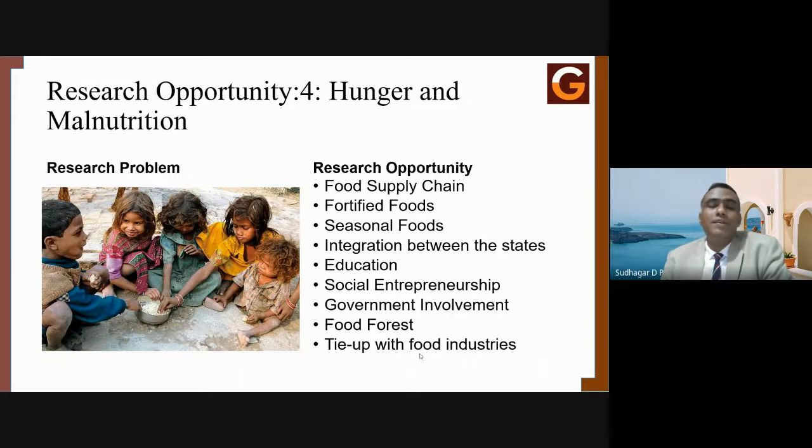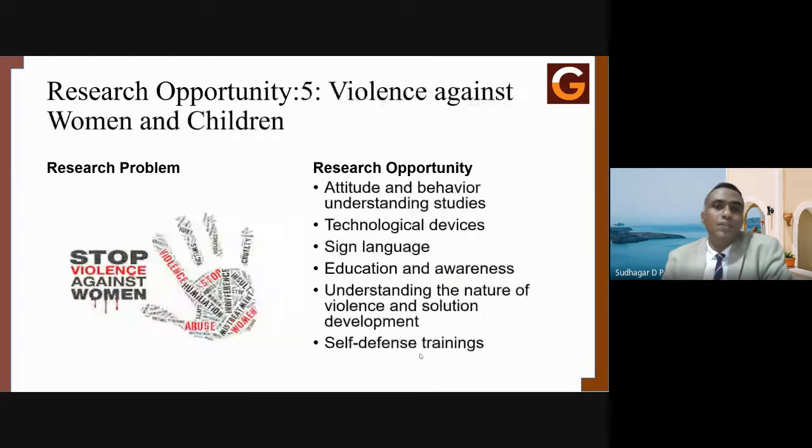Most of the food industries, I'm sure, would be having a lot of food products which are produced in excess. So is it possible to integrate with these food industries so that people who are suffering from hunger and malnutrition can be easily supported with some of the food from these food industries? So these are some of the opportunities which are available when it comes to research related to hunger and malnutrition.